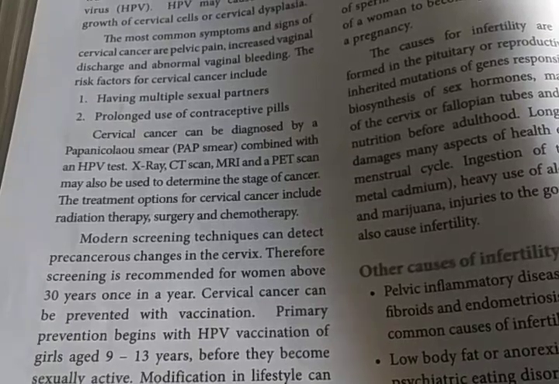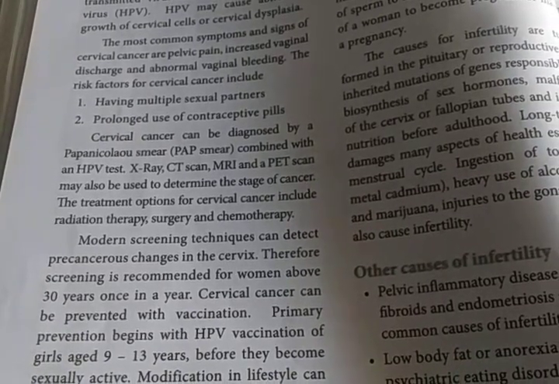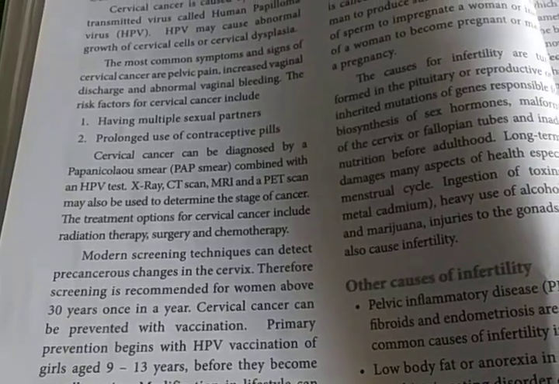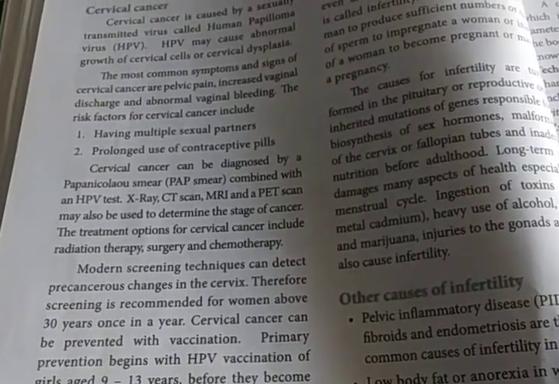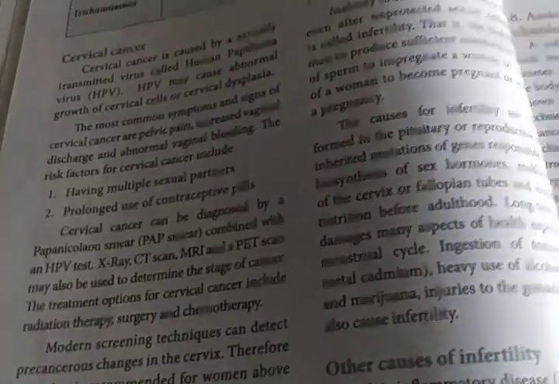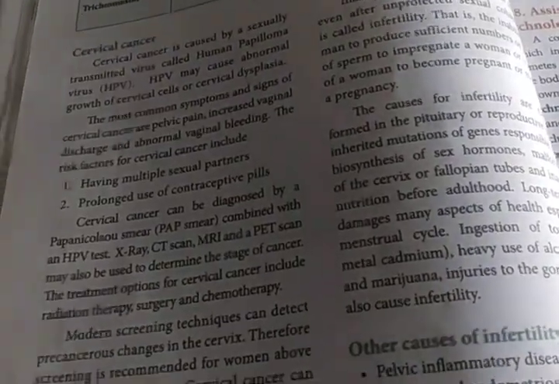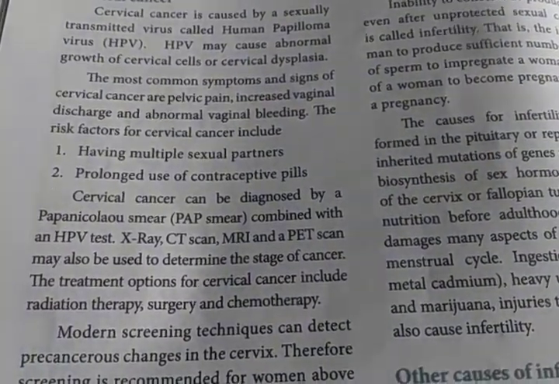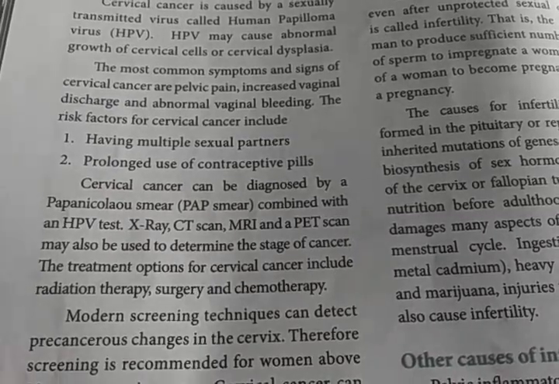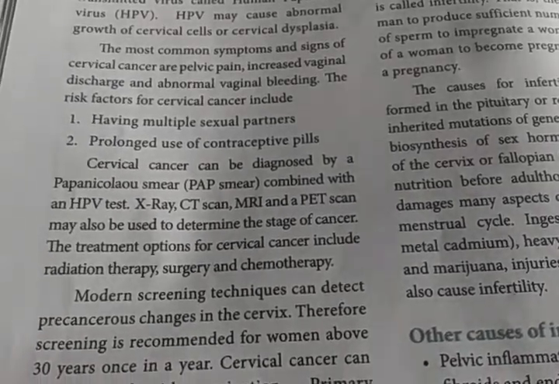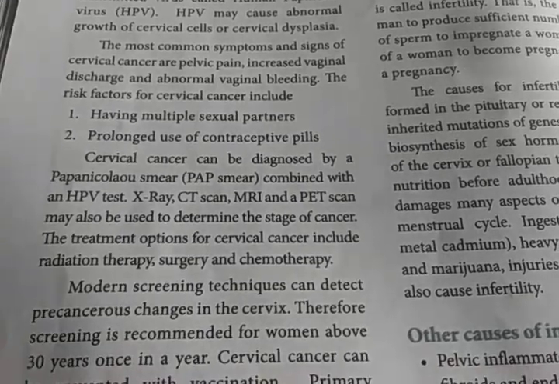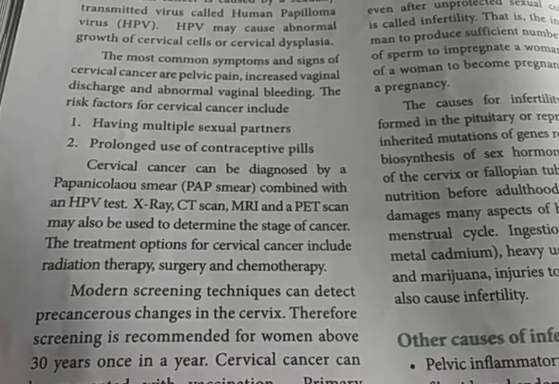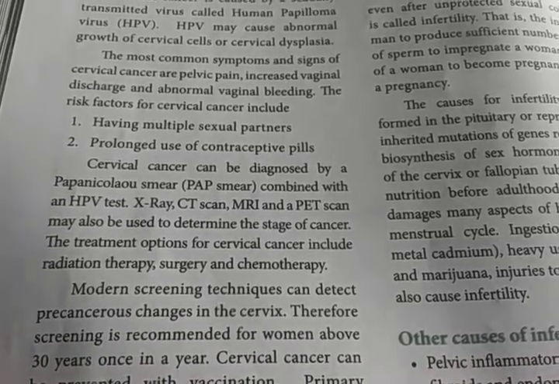So cervical cancer can be diagnosed by the Papanicolaou smear. Okay, with the help of that smear we can diagnose cervical cancer. It is combined with the HPV test, the human papilloma virus test.